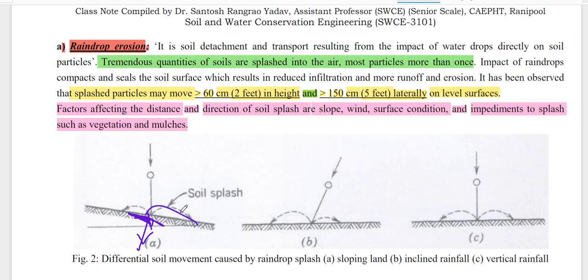So more runoff, so more erosion. So what is happening here? First of all, due to the hitting action, it will be a splash and a splash and a splash, and runoff will also be there because it will not go into infiltration. Infiltration will be very much less due to this compactness and sealing of the soil surface.